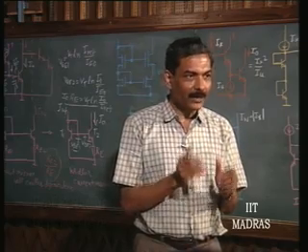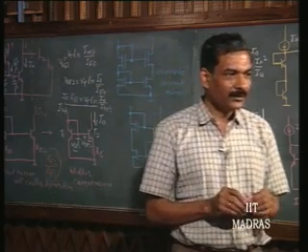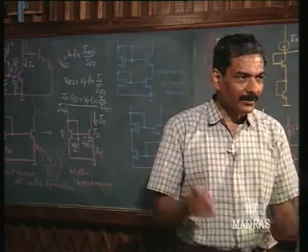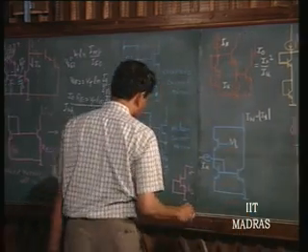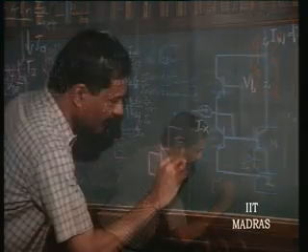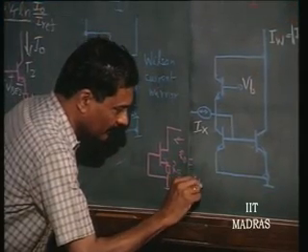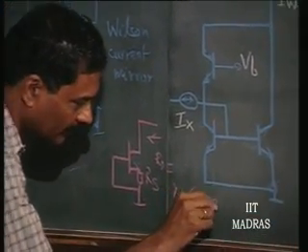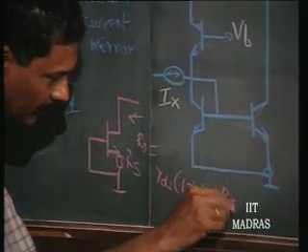RDS into 1 plus gm into RS. This is what we had discussed in basic electronic courses. This output impedance will be RDS into 1 plus gm RS.